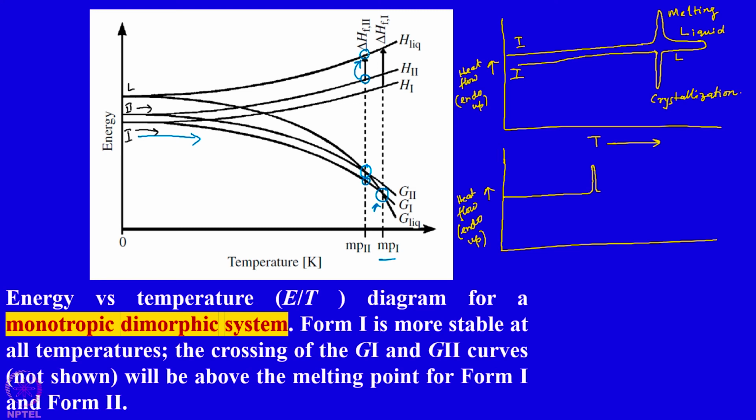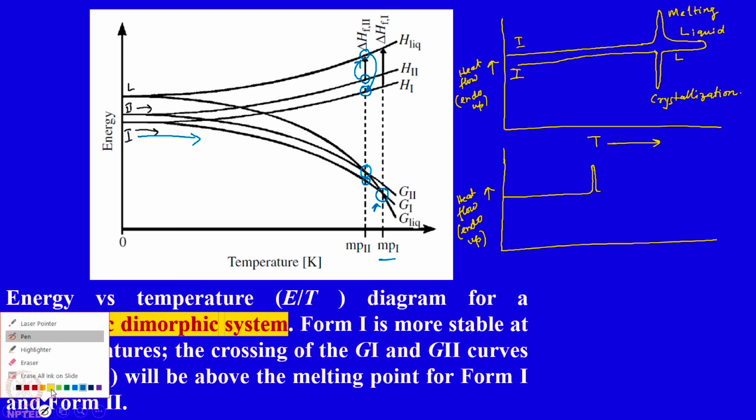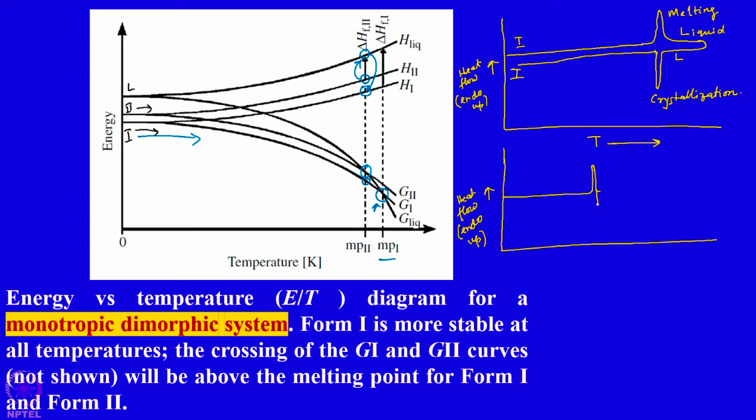So, immediately the molten liquid will resolidify back to form 1, and will generate an exothermic peak like this, which will indicate that form 2 is molten and a phase transition has taken place to form 1.